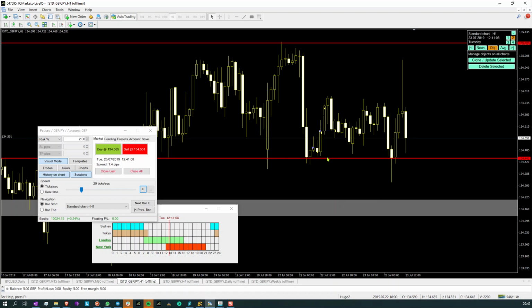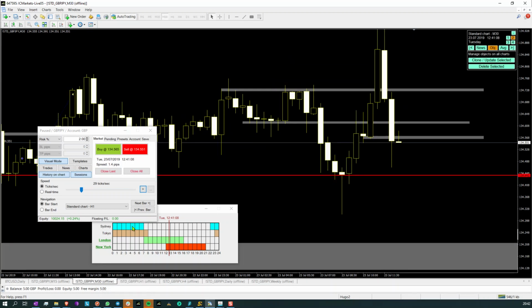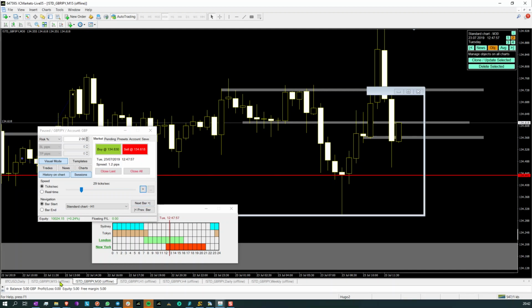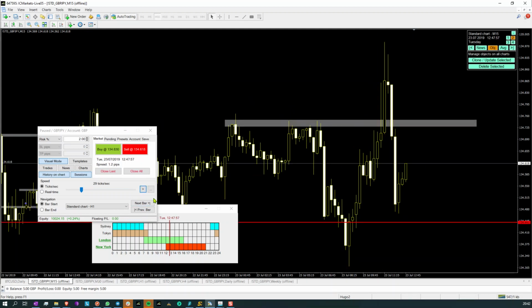Support. You don't have room for anything in there. If we go up, we might have something going up. We're rejecting this. Now we are breaking above 2 M15 candles.